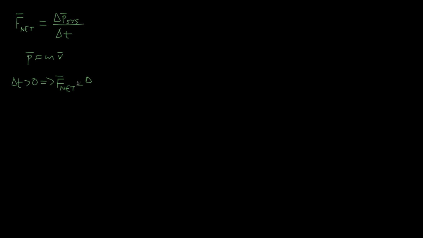So what I wanted to say here, they are pointing in the same direction. So this vector points in the same direction as the change in the momentum of the system.